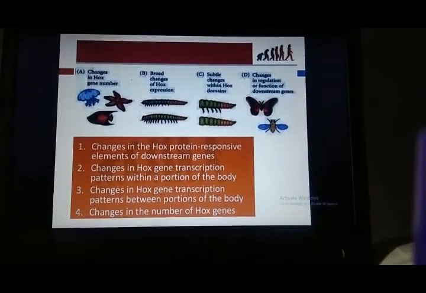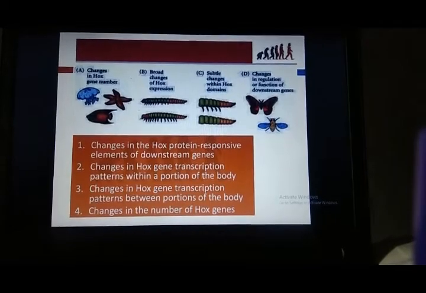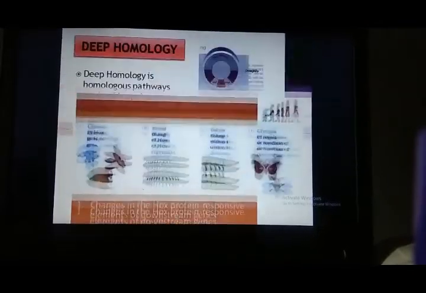There is an example picture of types of change: the first is a change in the Hox gene protein response element to downstream genes. The second is a change in Hox gene transcription pattern within a portion of the body, and the third is a change in Hox gene transcription pattern between portions of the body, and the fourth changes the regulation or function of the downstream genes, a change in the number of Hox genes.